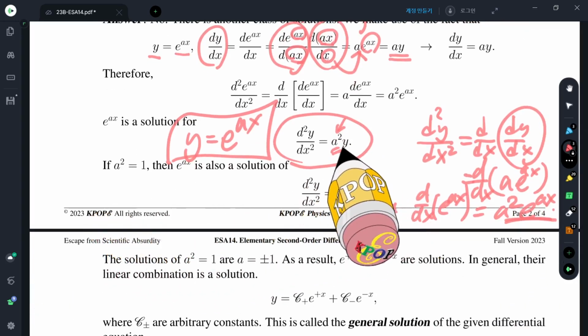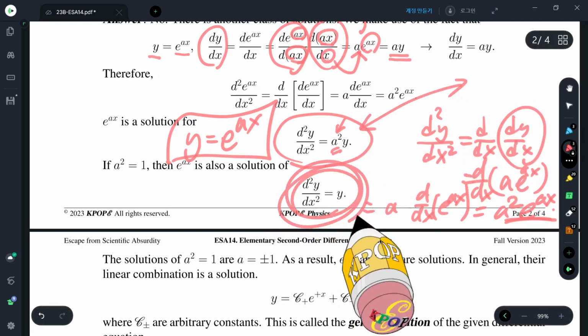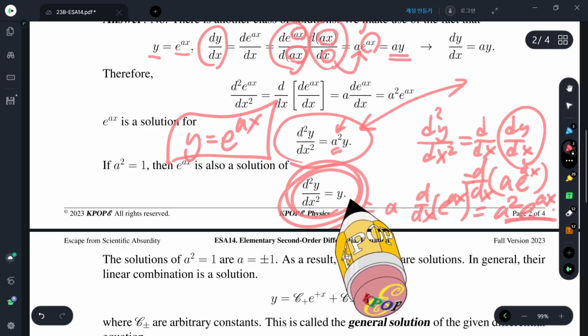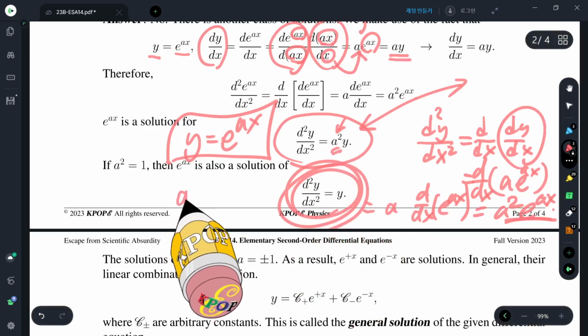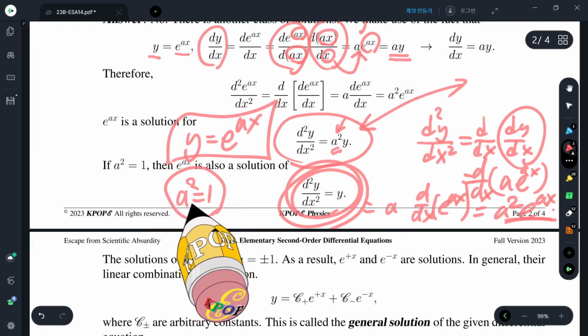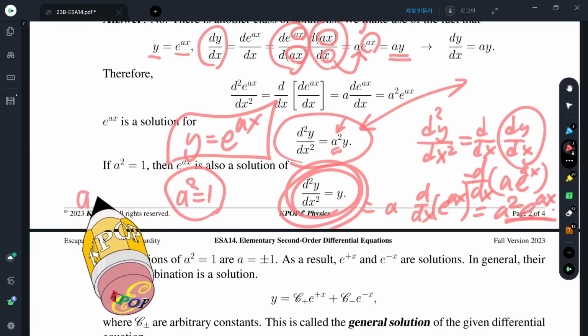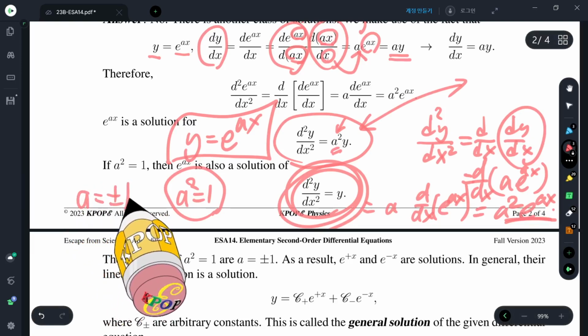What about we compare this equation with the original equation? These are the same when a squared equals 1. That a squared equals 1 has two solutions: a equals plus or minus 1.